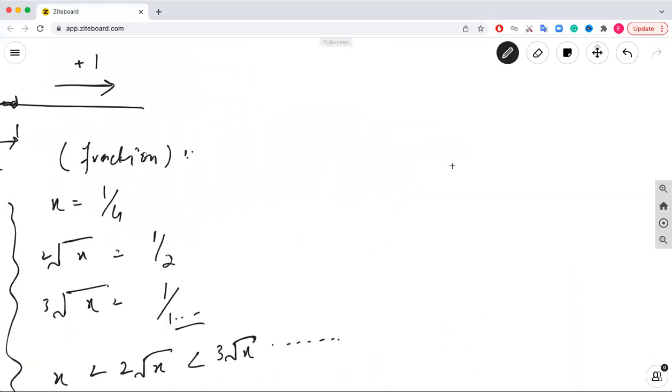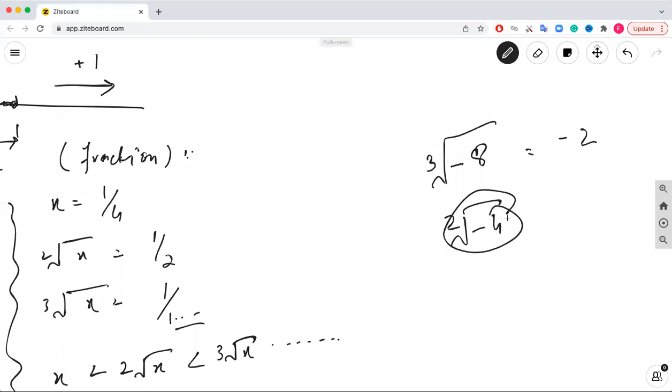Let's suppose you have -8. If you take the cube root of this, that will be -2. But you cannot take the square root of -4, because -2 into -2 into -2 is -8. Getting my point? Yes.